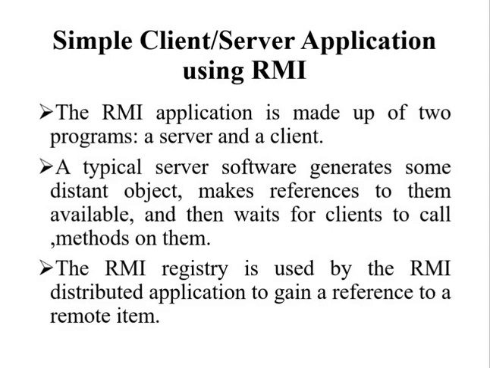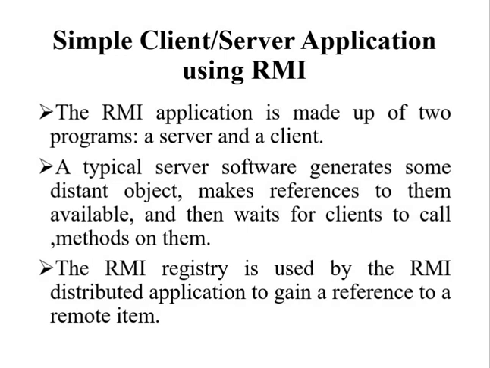Then our next topic is a simple client or server application using RMI. The RMI application is made up of two programs, a server and a client. A typical server program creates some remote objects, makes references to them available, and then waits for a client to call a method on them. The RMI system is responsible for allowing the server and the client to communicate and transmit information back and forth.